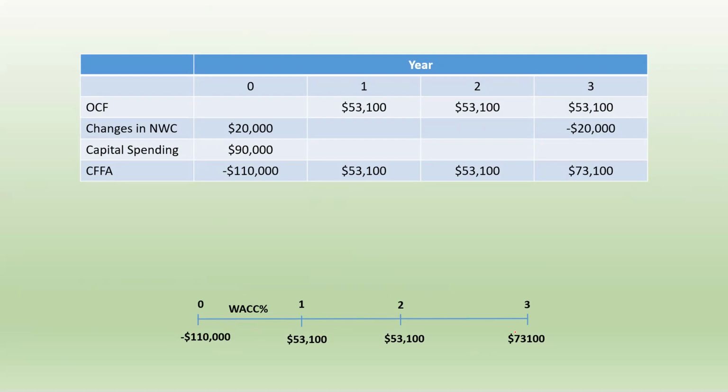And for year 3, the cash flow is 73,100. And then once you have this weighted average cost of capital estimate, we can use a lot of investment criteria we'll talk about in chapter 11 and determine whether we should accept or reject the project.